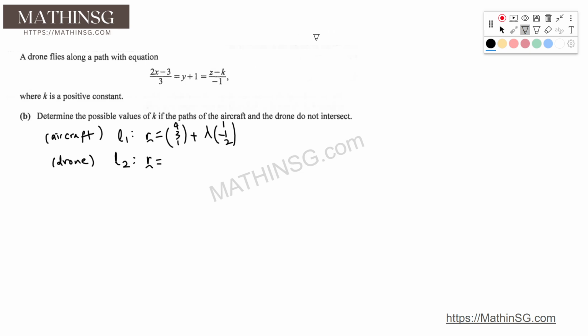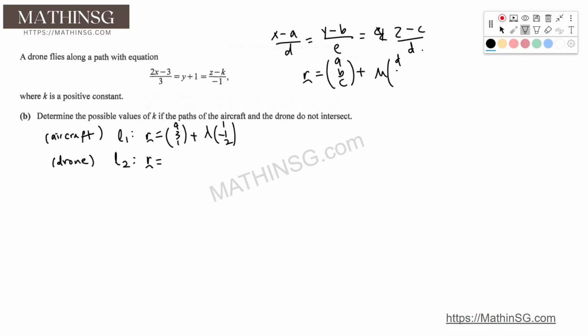Remember, if you have the form (x minus A) over D equals (y minus B) over E equals (z minus C) over F, then the vector equation will be (A, B, C) plus mu (D, E, F).